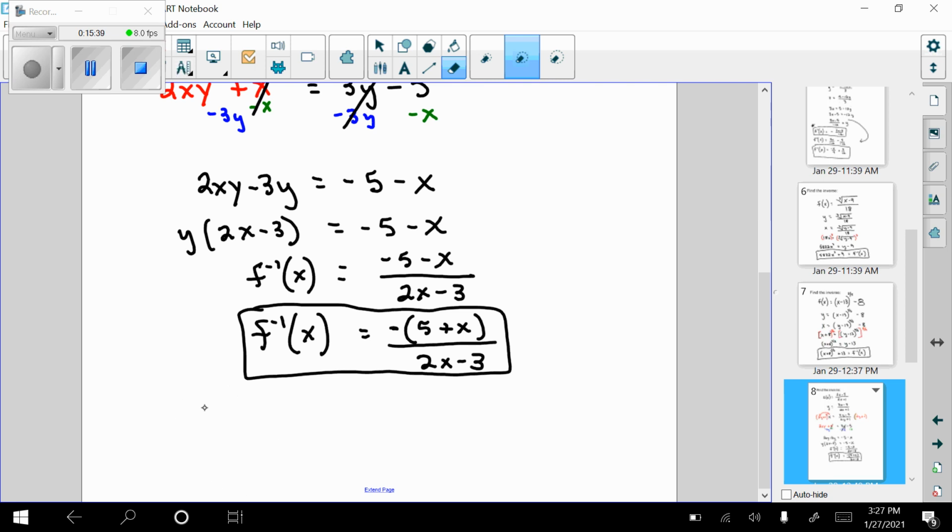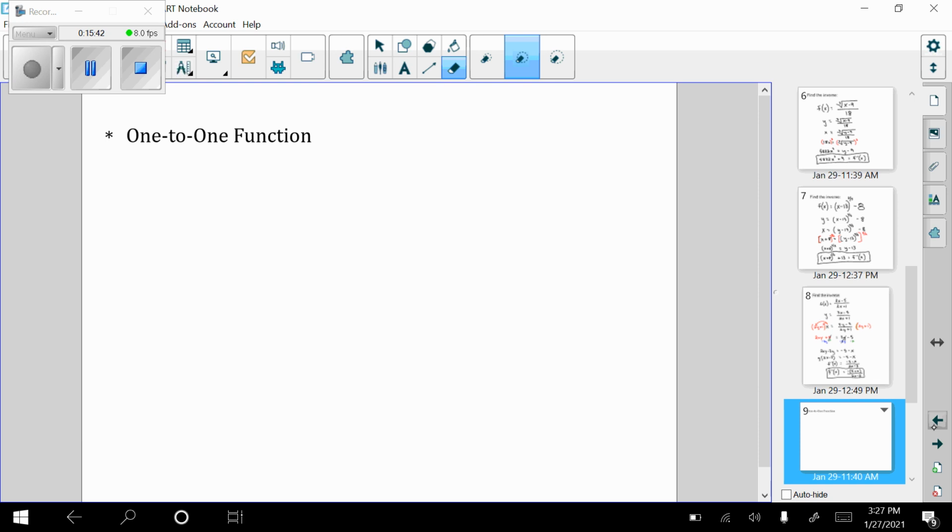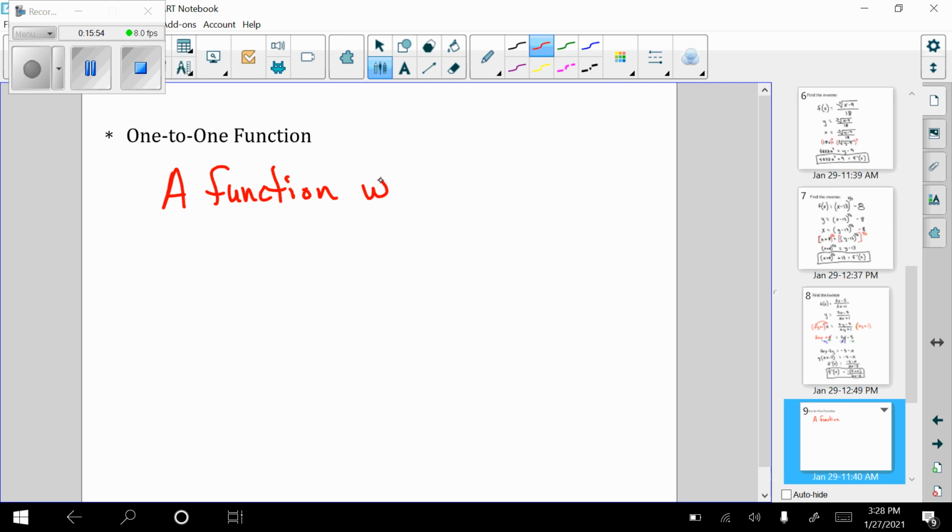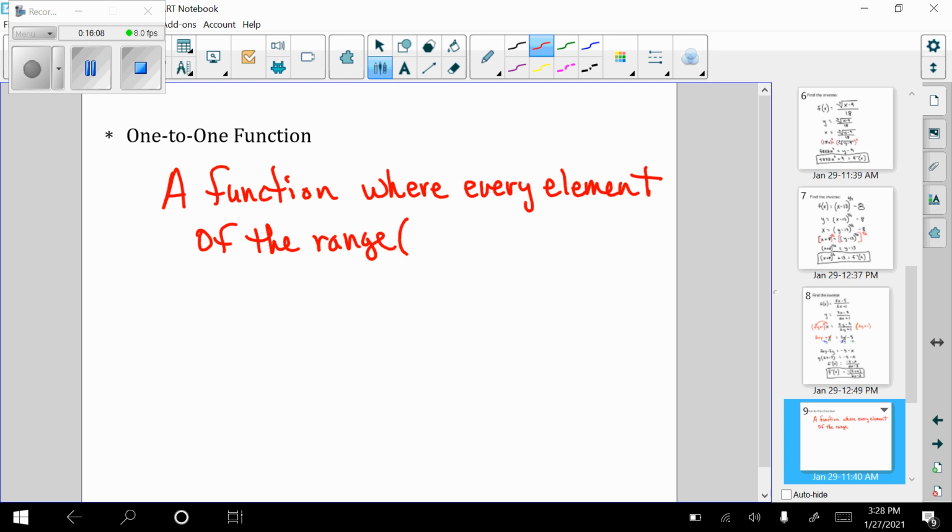So now looking at one-to-one functions graphically. Okay, so a one-to-one function is a function where every element of the range, or the output, is related to exactly one element of the domain.